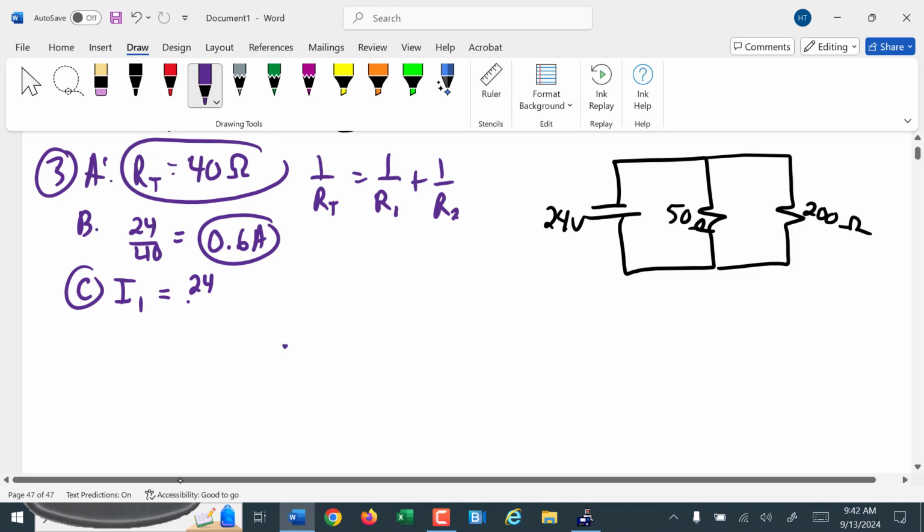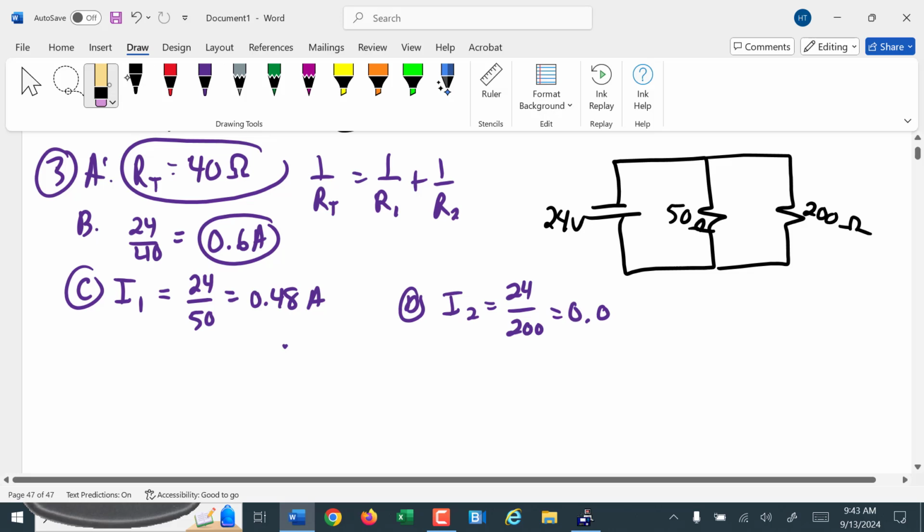So it's just the 24 volts divided by 50 ohms, giving us 0.48 amps. And then for I2, 24 volts over 200, 24, not 42, 24 volts over 200 ohms gives us 0.12.